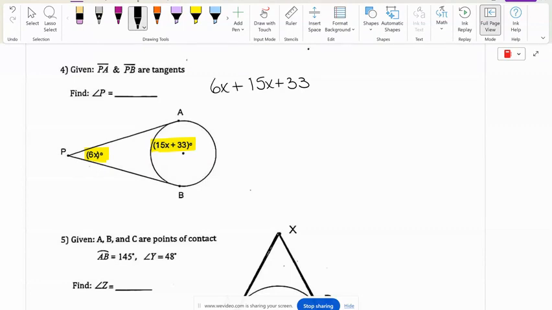You got it. 6x plus 15x plus 33 equals 180. The tangent-tangent angle and its minor arc add up to 180. So we're going to have 6x plus 15x is 21x, plus 33 equals 180. Anybody want to do this for us? Solve for x.